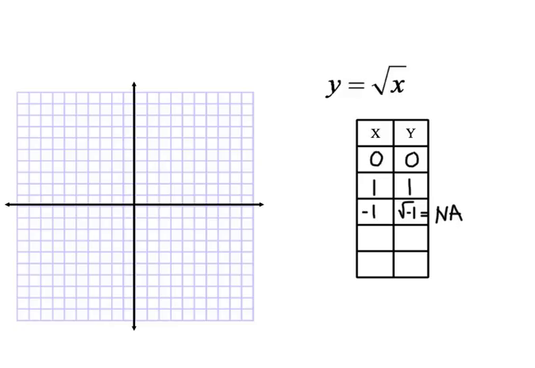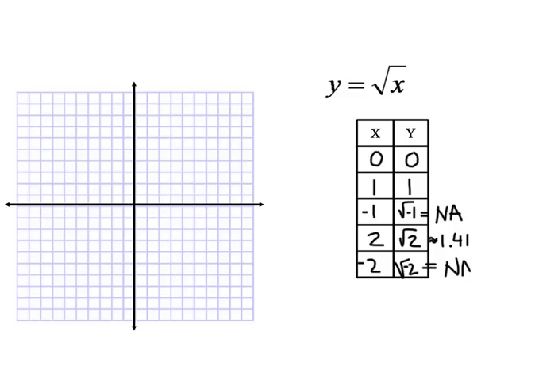When I allow x to equal 2, you're looking at the square root of 2, which is approximately 1.41. When I allow x to equal -2, you're looking at the square root of -2, which does not exist at this point.